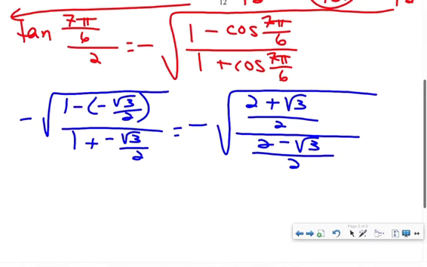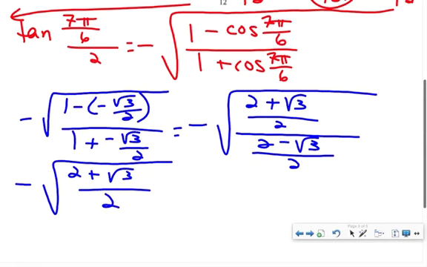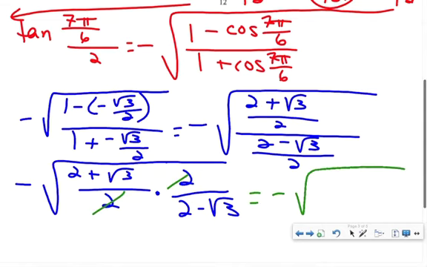Now I can rewrite that division as multiplication of the reciprocal, so I've got negative square root of 2 plus radical 3 over 2 times 2 over 2 minus radical 3. So when I do this, conveniently, my 2's cancel out, and I've got negative square root 2 plus radical 3 over 2 minus radical 3.